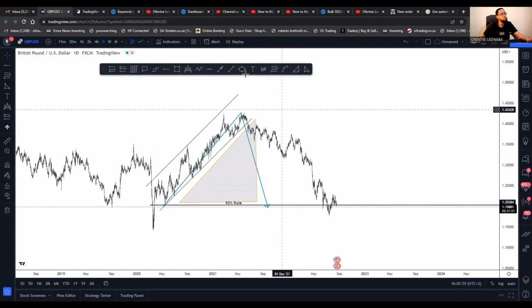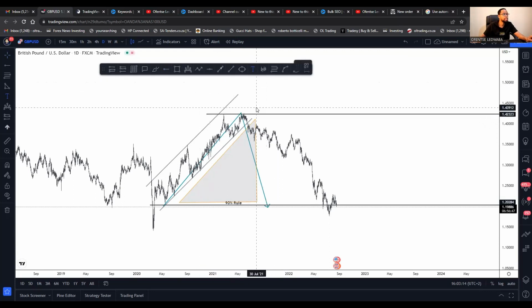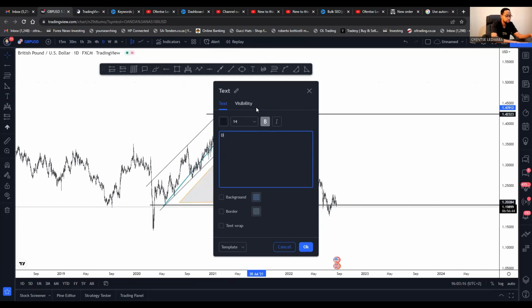So now you understand the meaning of a break of structure and a retest, and confirming a reversal. Here we confirmed a reversal. And here we had a double top.